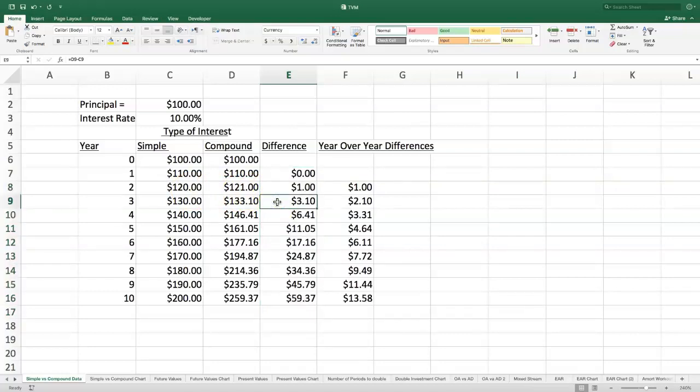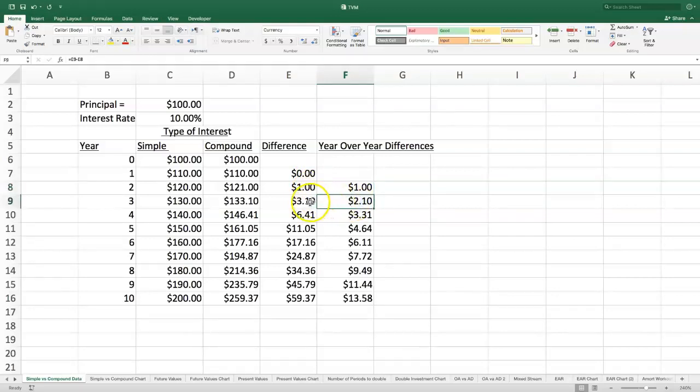The future value difference at the end of the third year was $3.10. And the difference at the end of the fourth year was $6, and we continue that. So by the 10th year, the difference in future values is pretty large, $59. Now, if we look at the year-over-year changes, the difference between compound interest and simple interest was $1 in the second year.